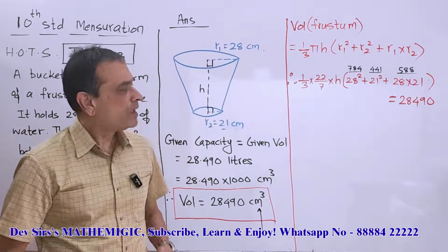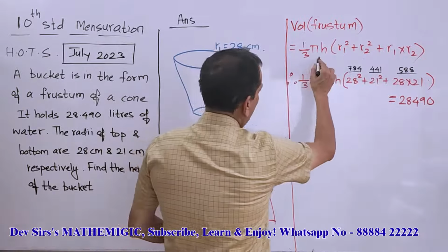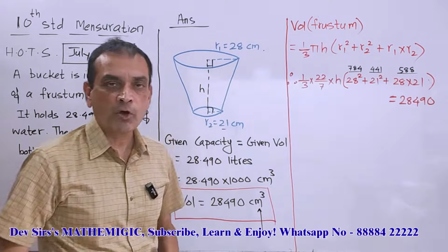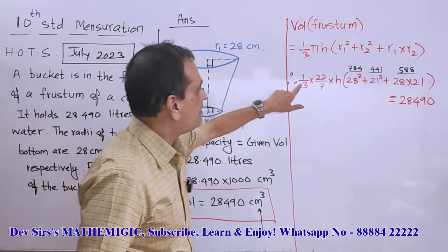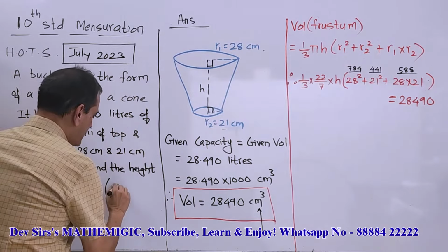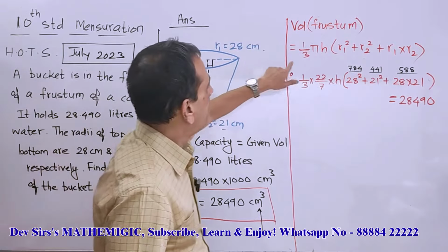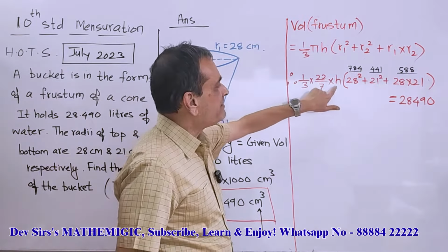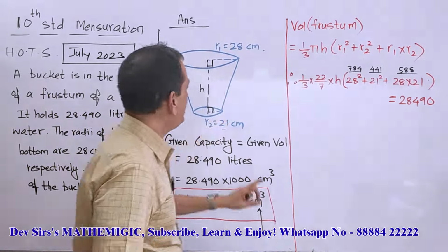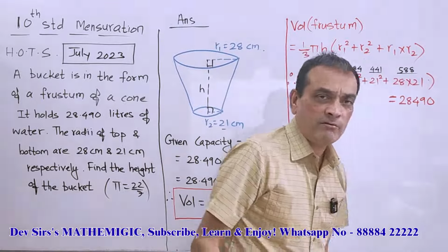ये पहली चीज है. Now volume of frustum is 1/3 π h (r1 squared plus r2 squared plus r1 into r2). Basic formula. So 1/3 into, they have mentioned π is 22/7, take π as 22/7. So 1/3 into 22/7 into h. अंदर वैल्यू सब्स्टिट्यूट करो. 28 squared, r1 is 28, r2 is 21, 28 into 21.